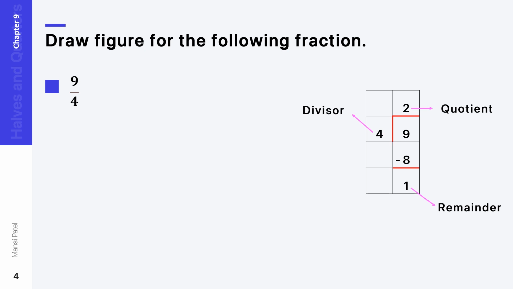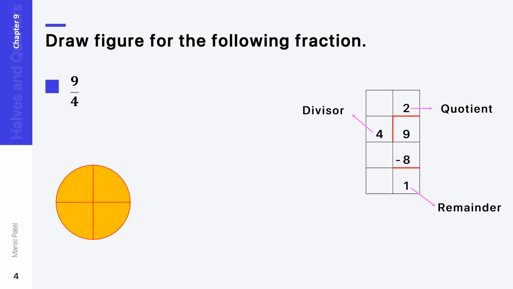So see here, if we want to draw the figure for 9 upon 4, then how many circles are we drawing? If we draw one circle, then how many parts do we have to make? 4 parts. So see here, in the first circle, there are 4 equal parts.